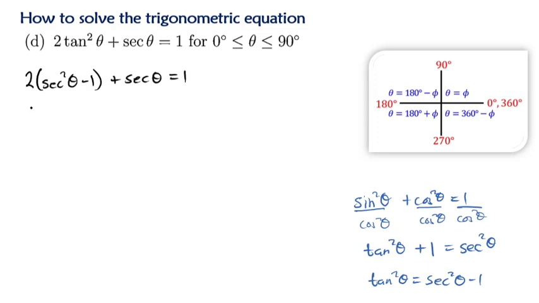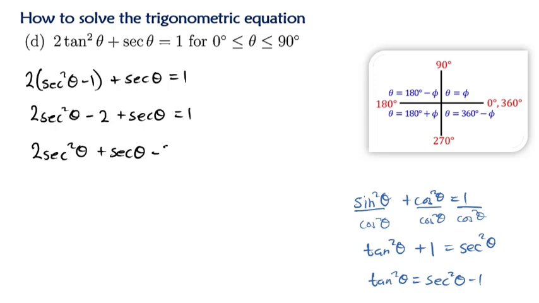So 2 times the sec square, we'll get 2 sec square. 2 times 1, that's a 2. Then we have the sec, and this is equal to 1. So let's rearrange this. This will be 2 sec square plus sec, then negative 2, negative 1 gives us negative 3. This is equal to 0.